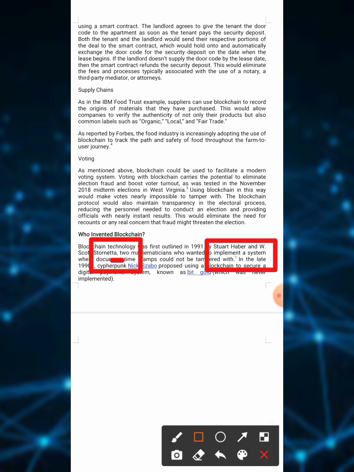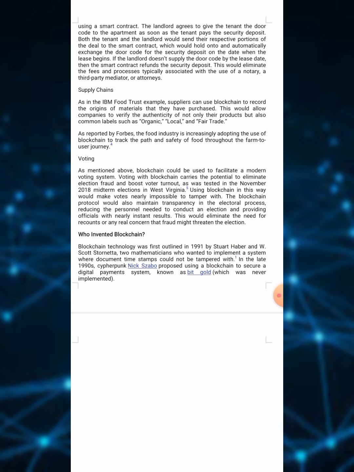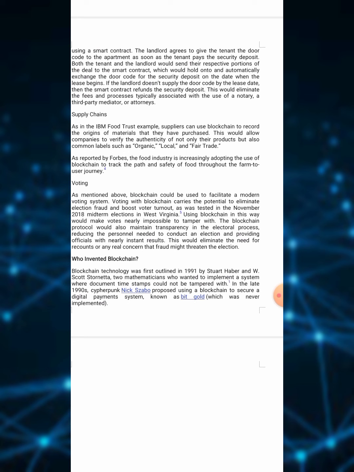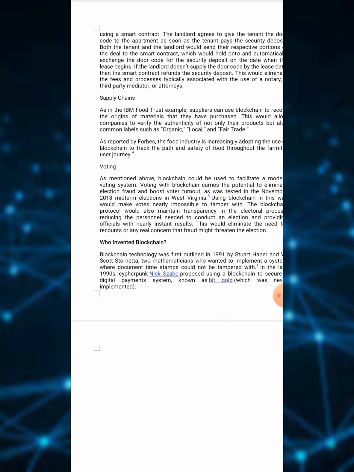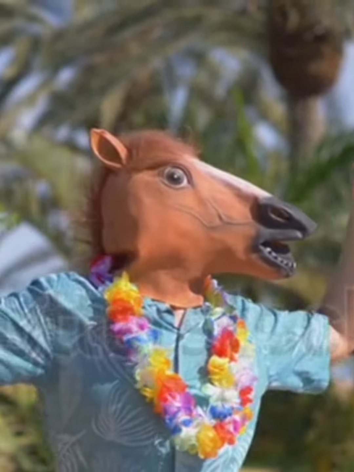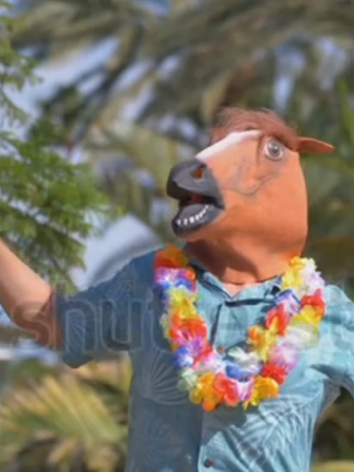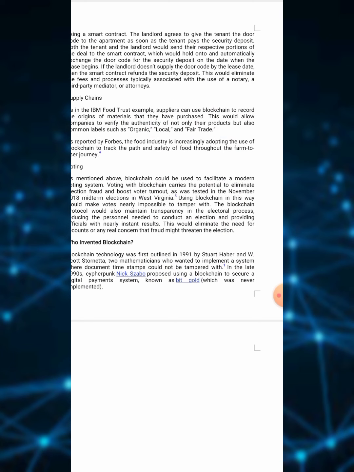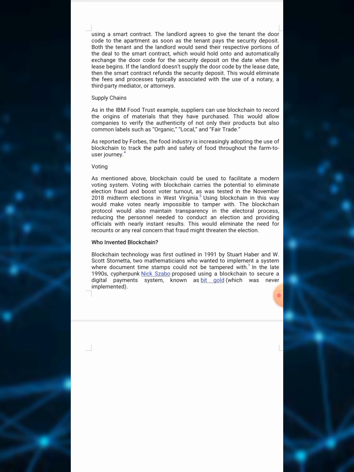These are the people that postulated blockchain technology at first: Stuart Haber and W. Scott Stornetta. Sorry guys, I don't know which language bears this name, so forgive me if I'm not pronouncing it well. These two mathematicians wanted to implement a first system where document timestamps could not be altered.